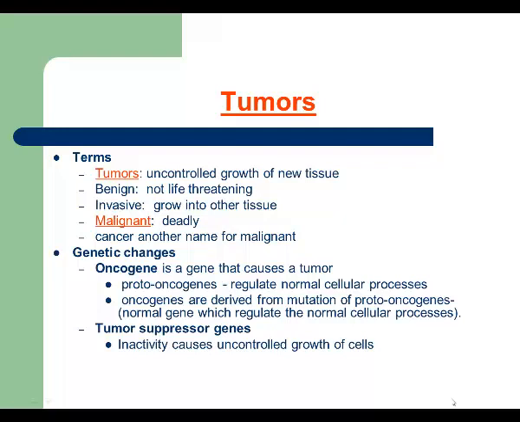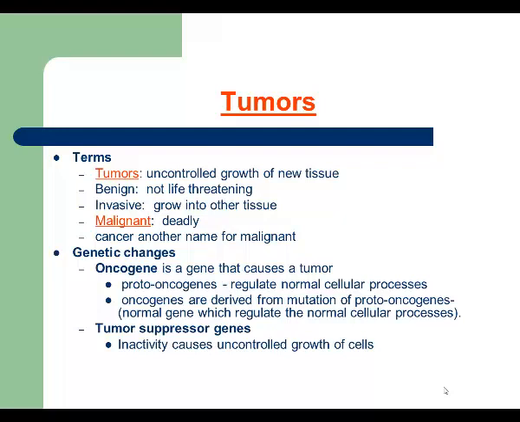So, what causes tumors in humans? Tumors result from unrestrained growth of cells, which occurs as a consequence of genetic change. The number of ways this can happen is limited. A gene that causes a tumor is called an oncogene.